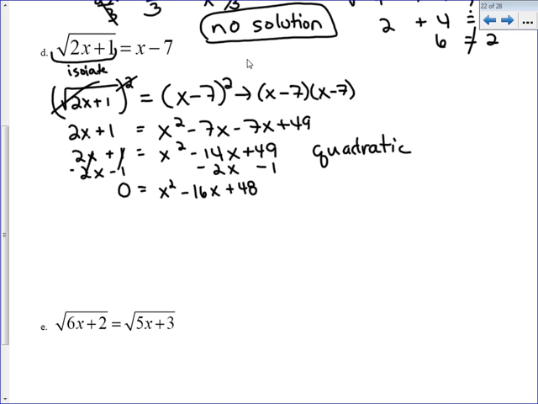All right, so now that I've got it equal to 0, if I'm solving a quadratic, what's my next step? Factor. So I'm looking for the pair that multiplies to 48 and adds to negative 16.